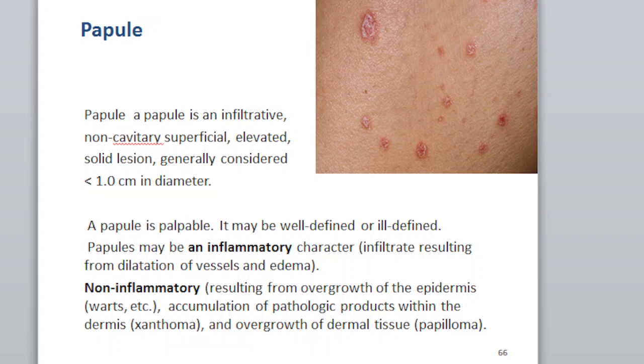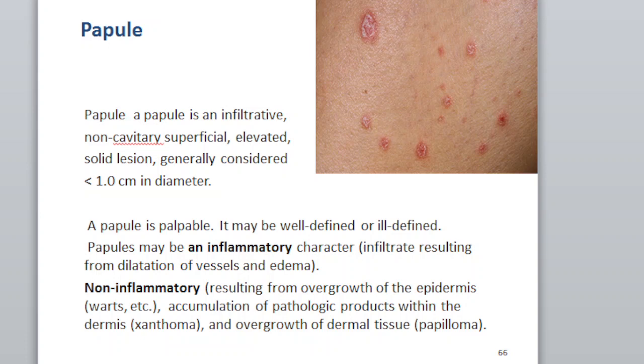Papules may be of inflammatory character, an infiltrate resulting from dilatation of vessels and edema. Non-inflammatory papules result from overgrowth of the epidermis, as in warts, and accumulation of pathologic products within the dermis, xanthoma, and overgrowth of dermal tissue, papilloma.